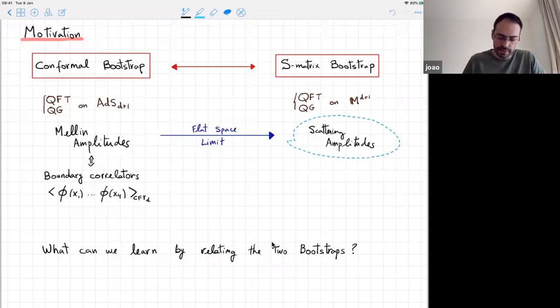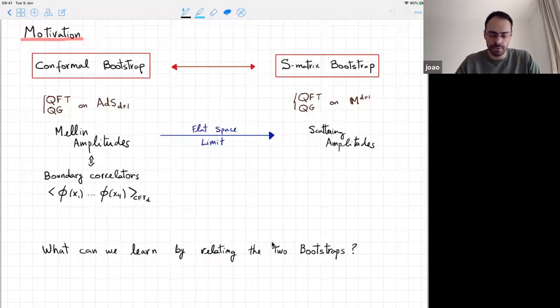In fact, you can even take the flat space limit, so study the conformal bootstrap in the limit of large radius of AdS, and make a precise mapping between Mellin amplitudes and scattering amplitudes. So this is the overall picture, and we would like to really learn how to map different questions and different equations from one bootstrap to the other.